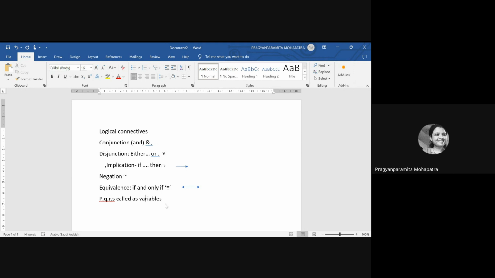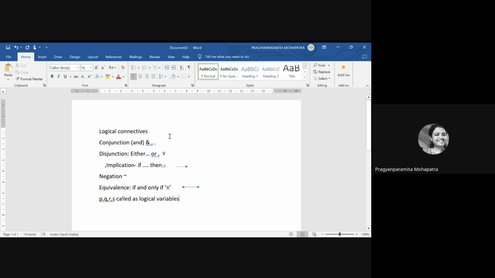These letters of the alphabet we use to symbolize the propositions.